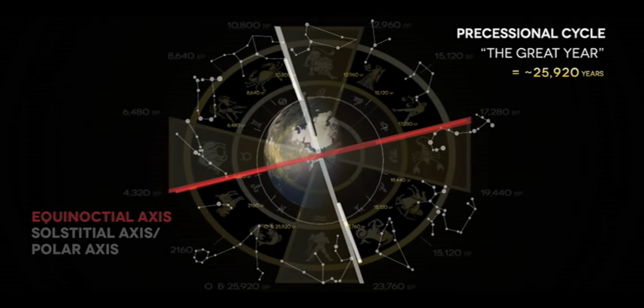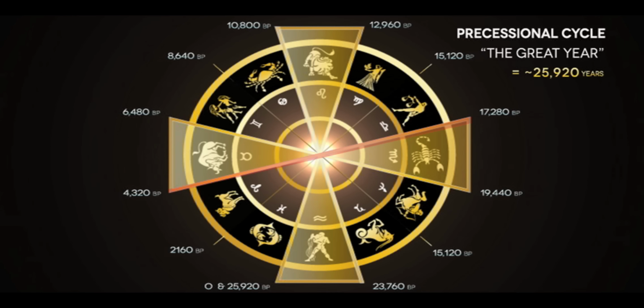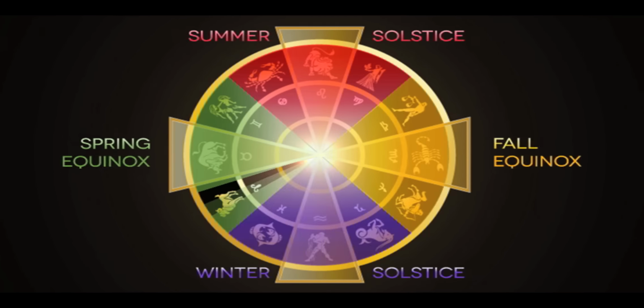That great year was considered to be analogous to our annual year. And just as the annual year was divided into 4 seasons of spring, summer, winter, and fall, likewise the great year was divided into 4 great seasons, symbolized by the 4 fixed signs of the zodiac: the bull, the lion, the eagle, and the man or the angel.